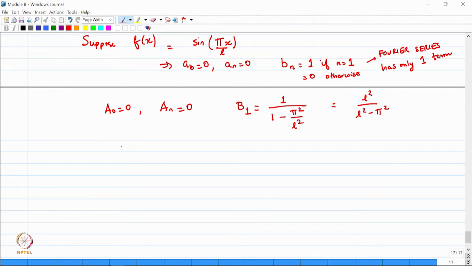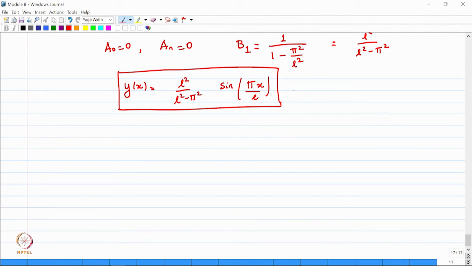So then my solution y of x is equal to L square over L square minus pi square times sine pi x by L.